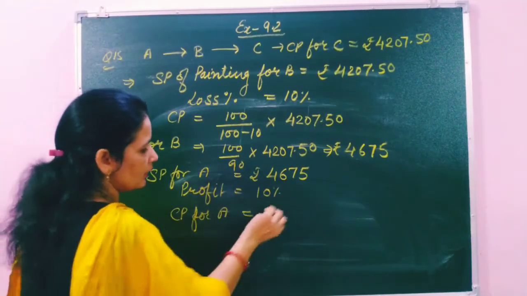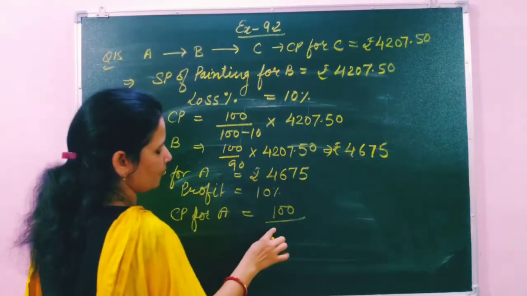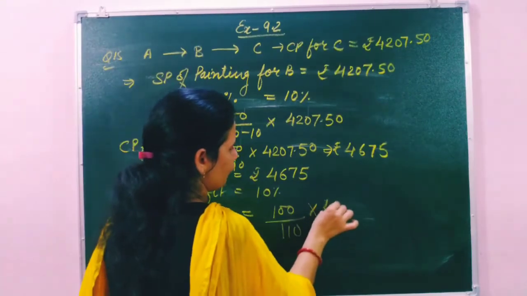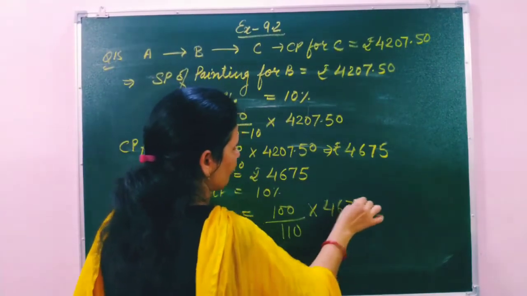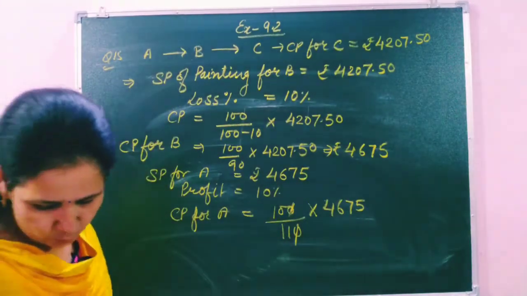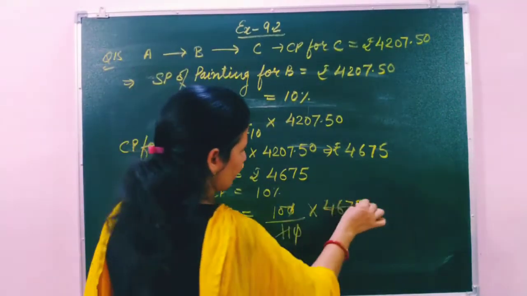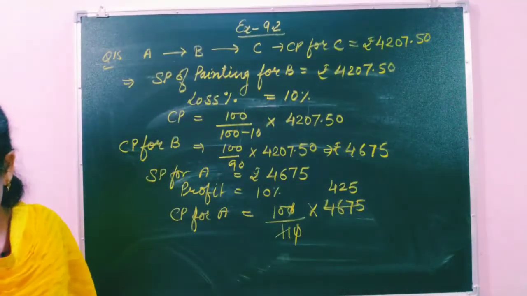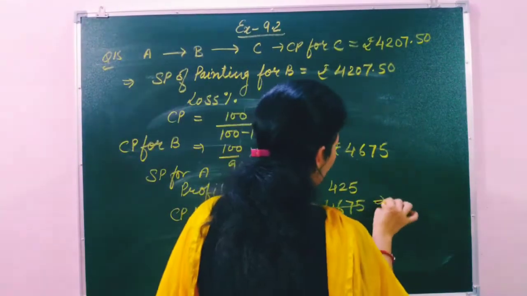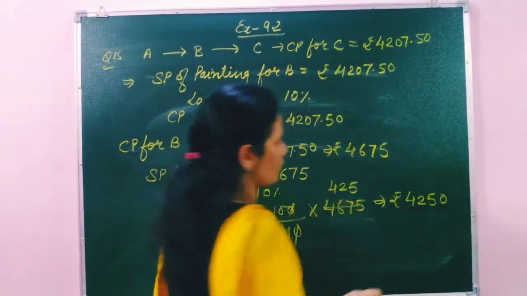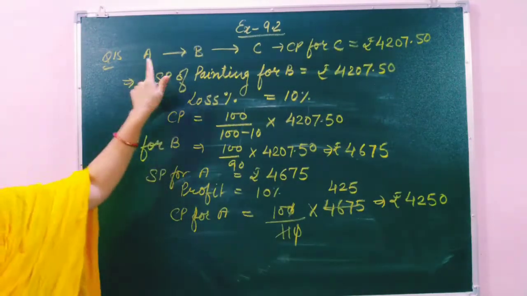Same formula, 100 upon 100 plus profit, that is 100 plus 10, 110, multiplied by 4,675. 10 cancels by 10, and if we cancel this one, it completely divides by 11, giving 425, and 425 tens are 4,250. So students, the real cost price of the painting for A is rupees 4,250.